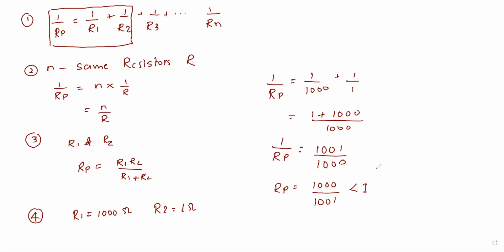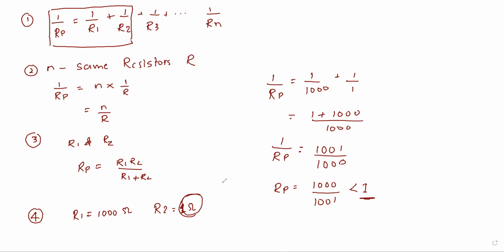Quite obvious, it is lesser than 1. So the equivalent resistance is lesser than the lowest of the resistors. The lowest resistor here is R2, that is 1, but Rp is lesser than that, whereas in series, it is higher than that. So this is the main difference.